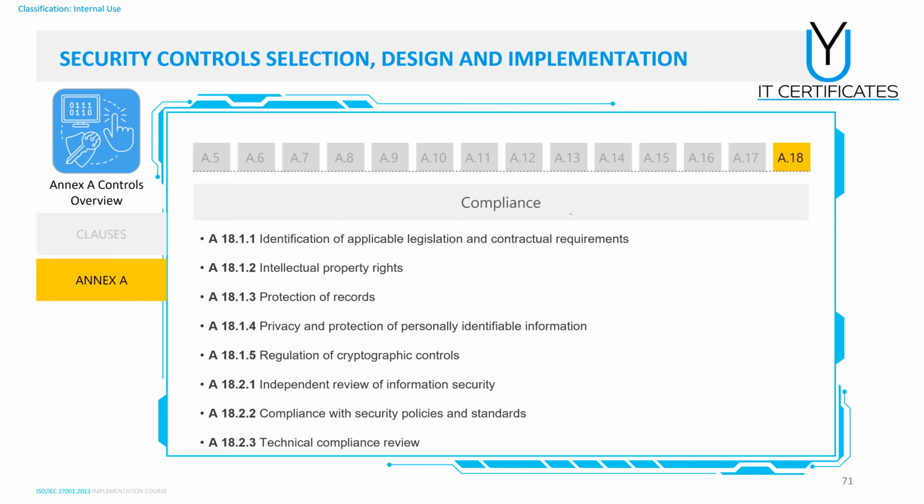Privacy and protection of personal data. Of course, you are familiar now with GDPR, which requires protecting the privacy information of European citizens, and there are other rules in America.